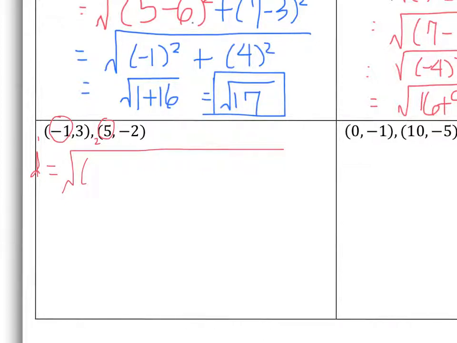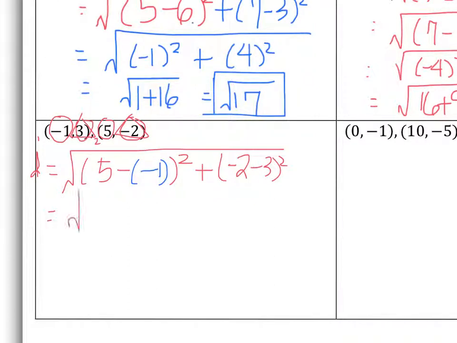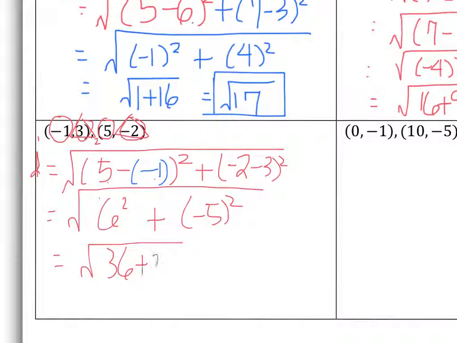So the difference in the x coordinates, 5 minus 1 squared plus the vertical change, which is the difference between the y values or y coordinates, negative 2 minus 3 squared, and 5 plus 1 is 6, 6 squared, and this is negative 5 squared, 36 plus 25, 61.